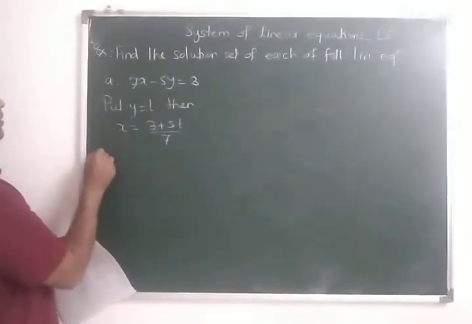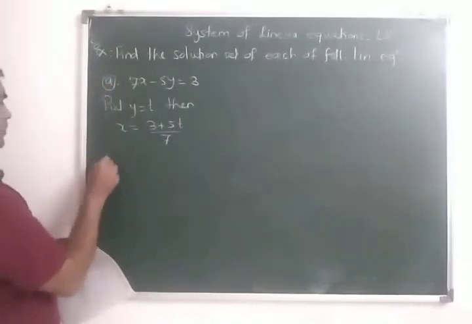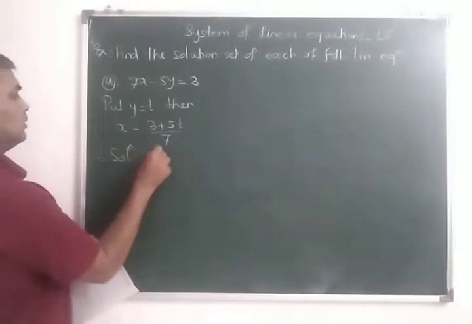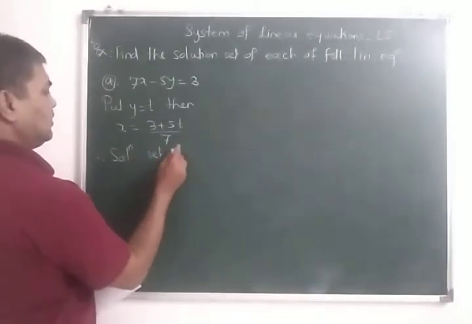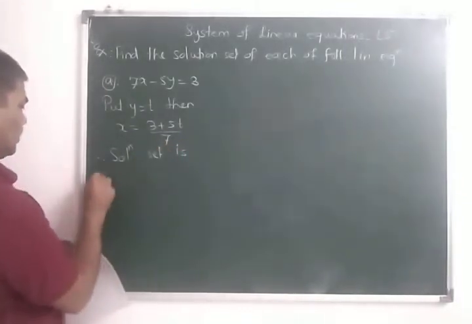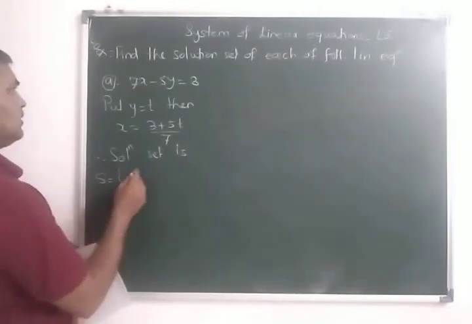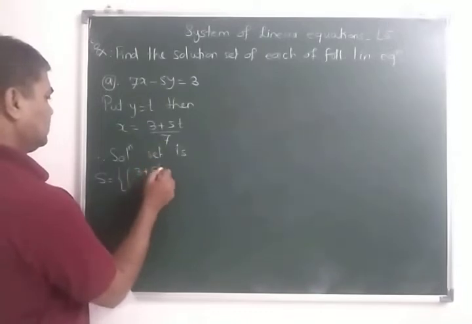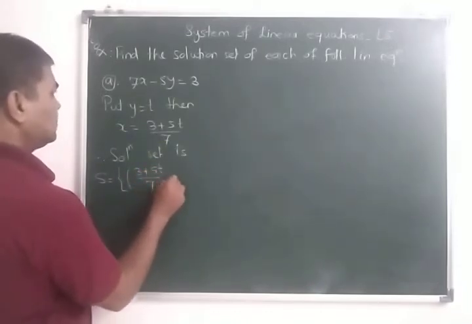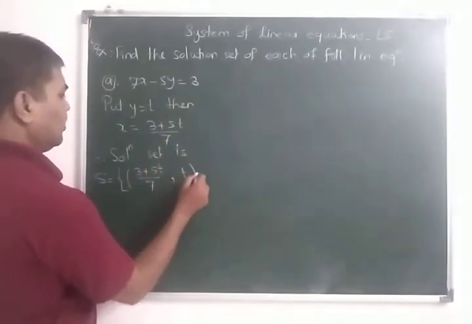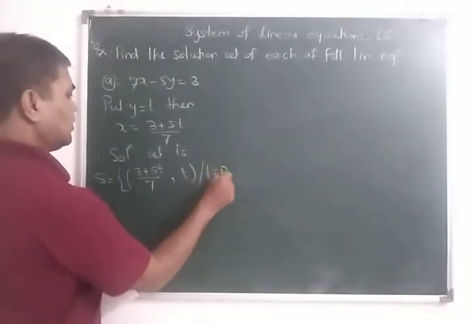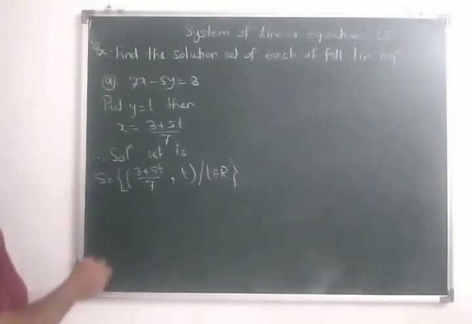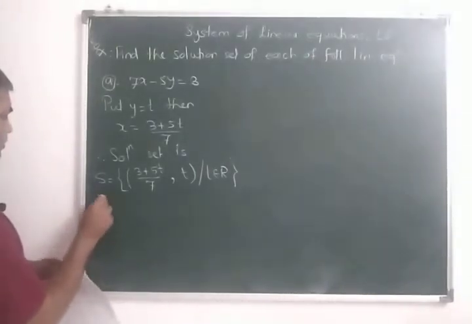And therefore the solution set S is the set of ordered pairs ((3 plus 5t) by 7, t) where t belongs to R.